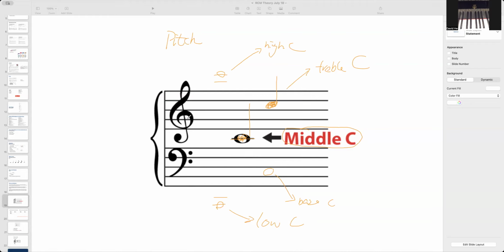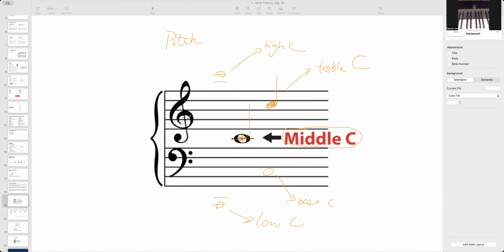With all the notes, you can figure out which note is which. For example, if it's in here, you don't know what this note is, right? It's not F, it's not C, it's not G, but you will know that this one is C, two spaces up in here.